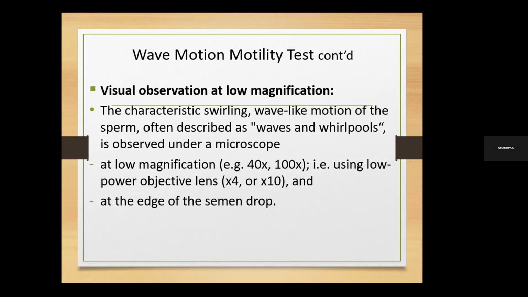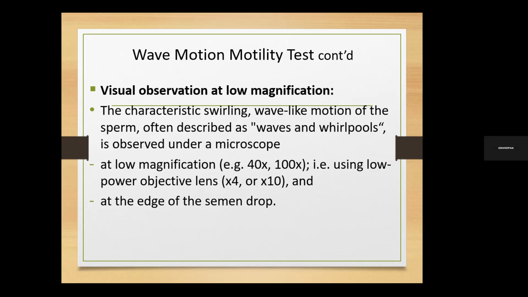Now, to examine the waves, you are using the times 10 and also looking at the edge of the drop, not the middle of the drop. Once you have a drop, of course, you have a middle and you have an edge. I'm sure you know this.